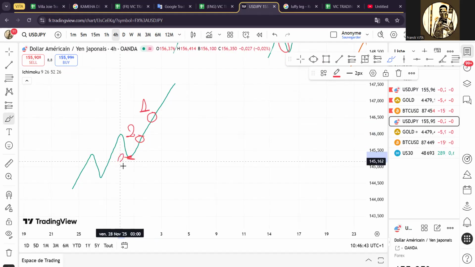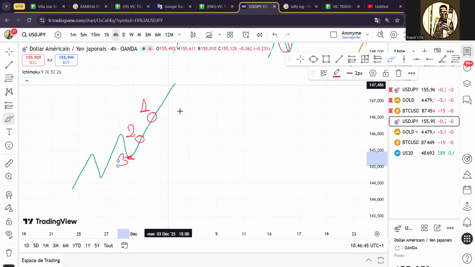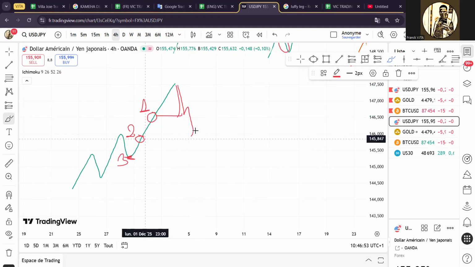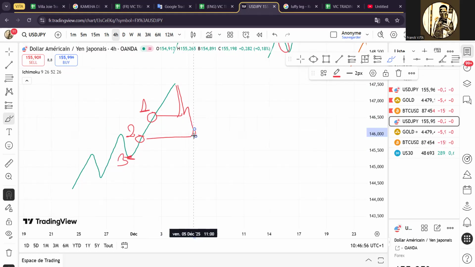Then if the market goes down, it stops here first, right? For the correction. And then goes at a deeper correction on the second red candle. And then if the market comes and breaks the bottom of the Luffy leg, what does that mean?